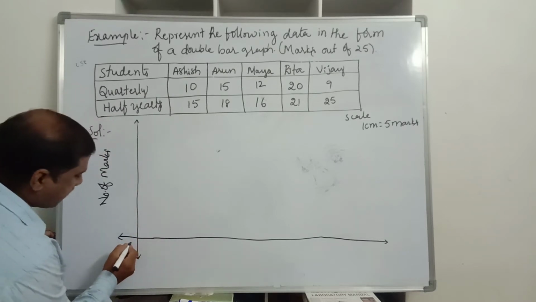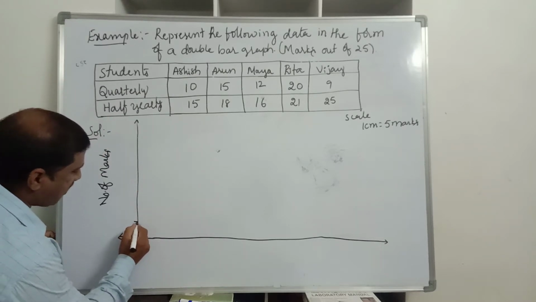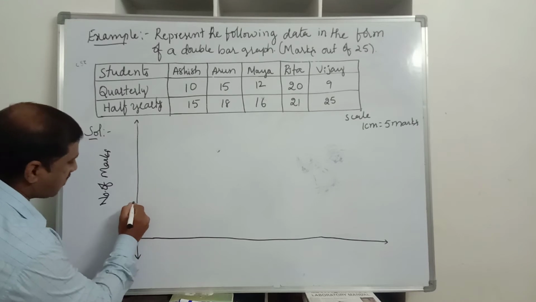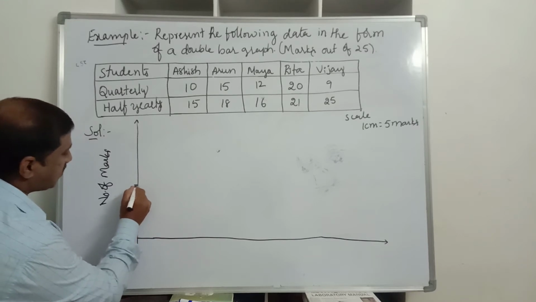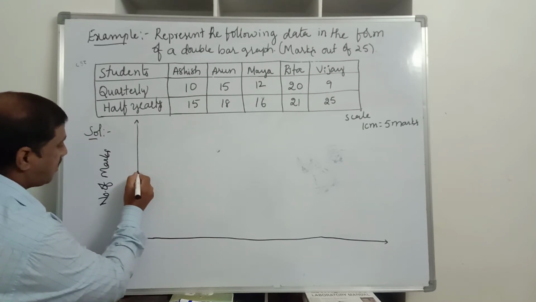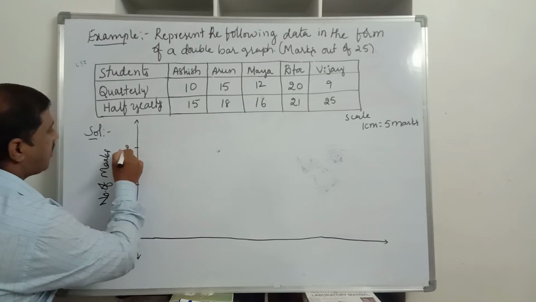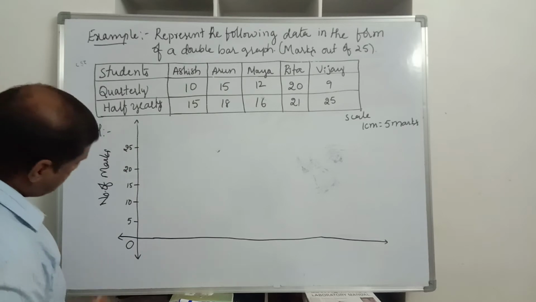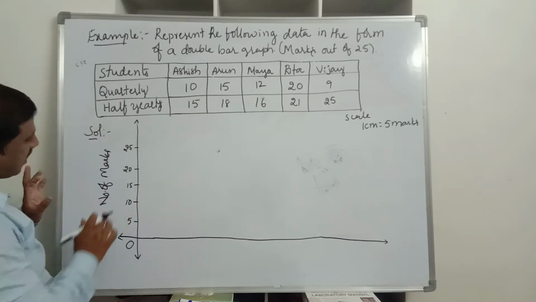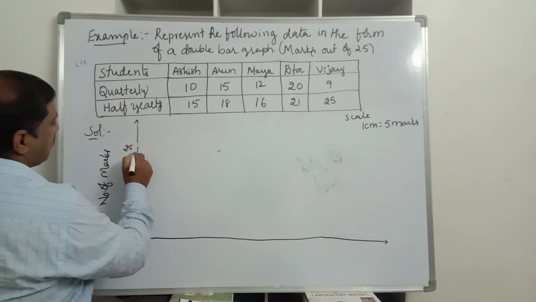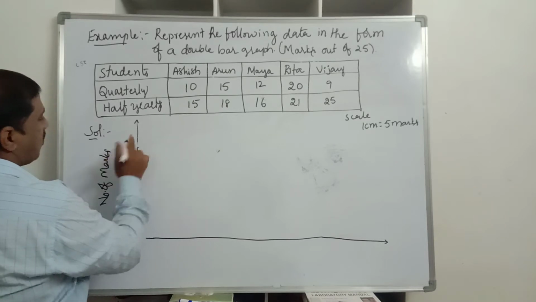So it is 0, and this is 5, then 10, 15, 20 and then 25.